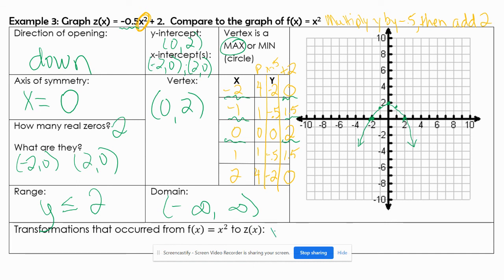So this was an x-axis reflection because it flipped upside down. The graph got wider. It shrank away from the y-axis. So this is a vertical shrink of a half or 0.5, and then the graph went up 2 units.